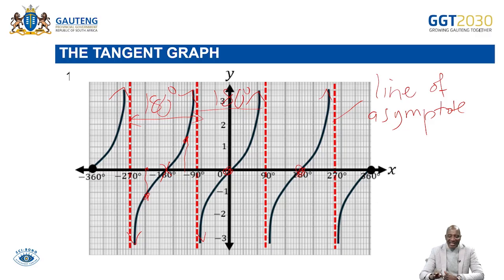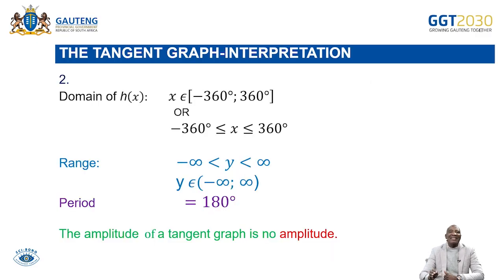So it shows us that we can't define the amplitude for this particular graph. So we say this tangent graph has no amplitude. It doesn't have an amplitude, because it forever increases and forever decreases. You can't say upper minus lower, half that distance, because you'll never know the distance, because it doesn't stop.